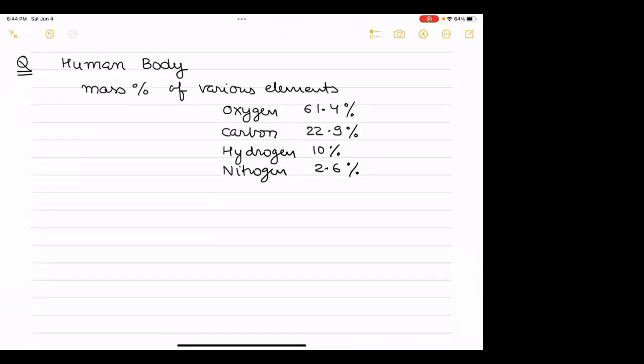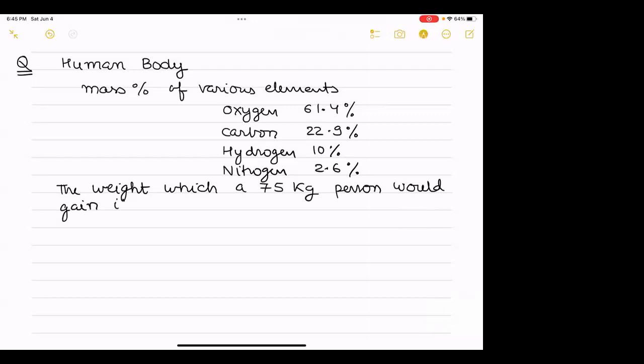The weight of a healthy person is 75 kgs. What mass would a 75 kg person gain if all hydrogen isotopes, this is the mass which is written at the top, if all hydrogen atoms are replaced by deuterium?